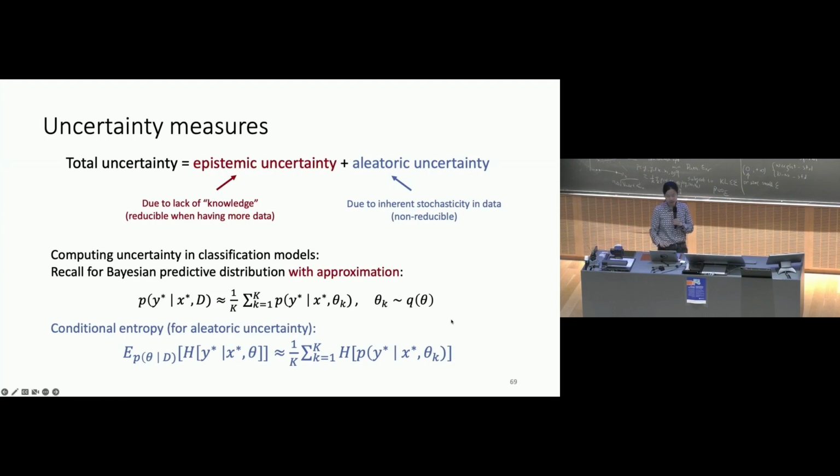And why is this called aleatory uncertainty? Remember that in deterministic neural networks, when you don't have any uncertainty in your weights, in regression you still have this output variance parameter that represents the amount of noise you believe in the data. In classification, you also have the softmax in the output that parameterizes the probability.